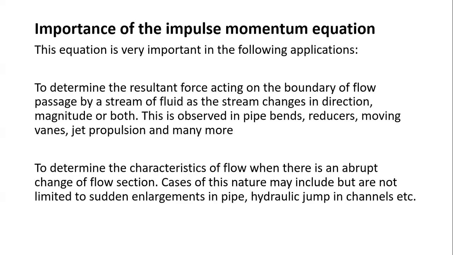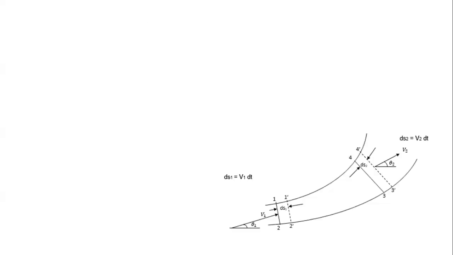Of course, we apply this, like I mentioned in the introduction, when we're trying to look at the resultant force on a fluid flow system going through perhaps a pipe section which is bending, something like this. So we have section 1 and section 2.